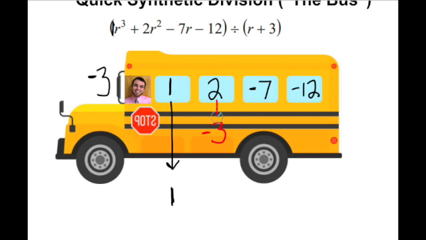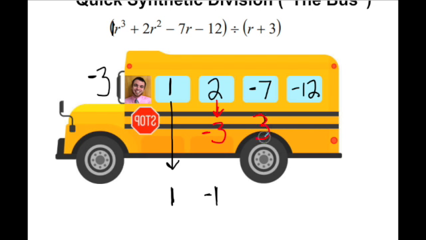Then I'm going to add, and what I like about this method is that it involves multiplication and addition, which is often easier for us than subtraction, though it depends who you are, and I respect that either way. So 2 minus 3 is -1. Then we repeat it: take this number and multiply it by the number on the outside, which gives us 3. I'll do that in red so it stands out.